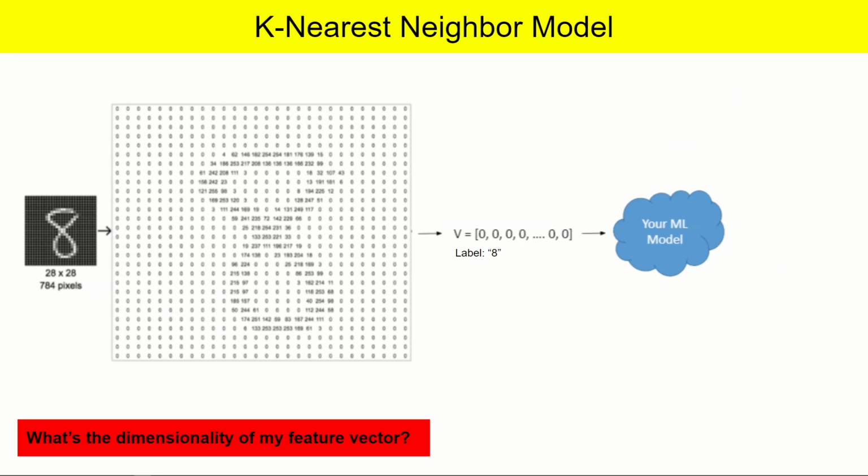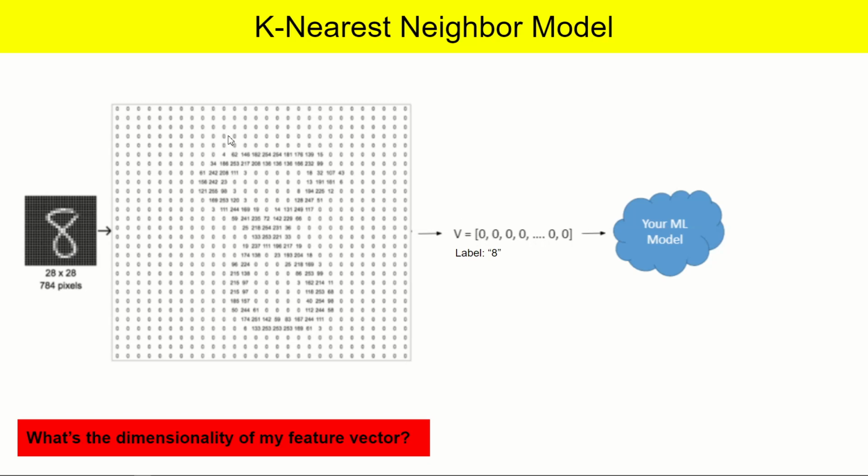All right, so for your actual programming assignment, instead of trying to predict room type, we're going to try and predict which digit is written. And the feature vector that we're going to give it is a very large feature vector with pixel information. So I have a whole bunch of images that are 28 pixels by 28 pixels, so 784 pixels total. They're grayscale with 0 representing black and 255 representing white.